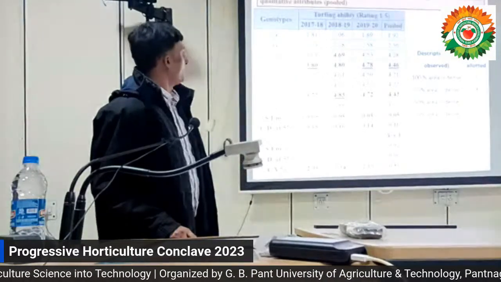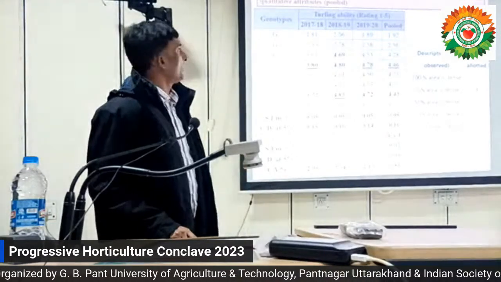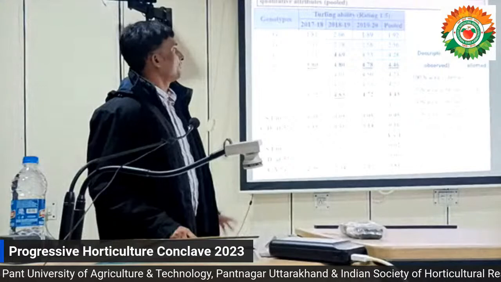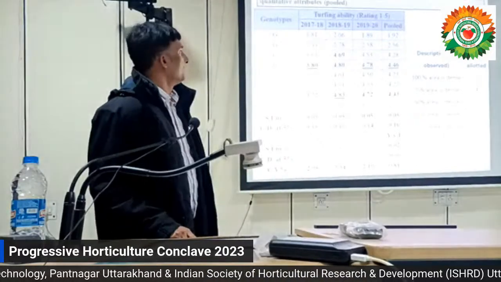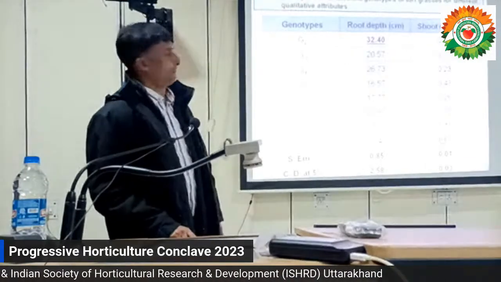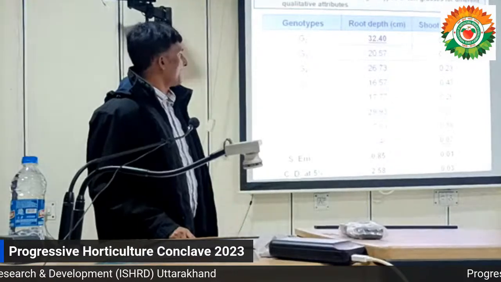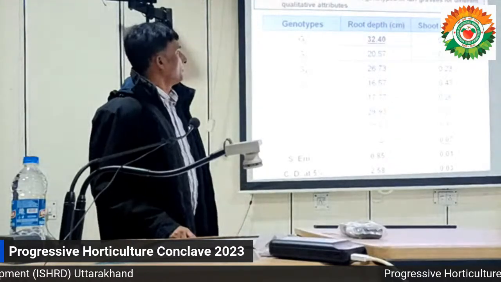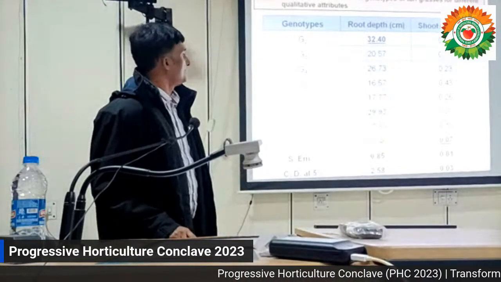In case of tufting ability, again G5 turf recorded the highest tufting ability, but it was at par with our local turf grass species, that is G9. In case of root depth, the highest root depth was recorded by G7 and the next highest by G2, which was at par with G7.